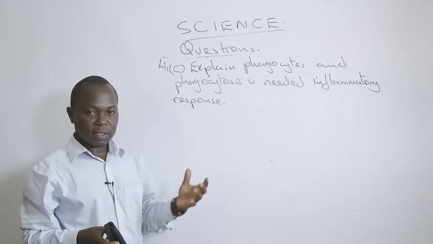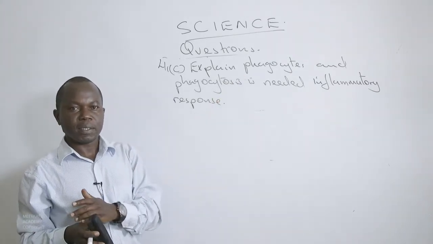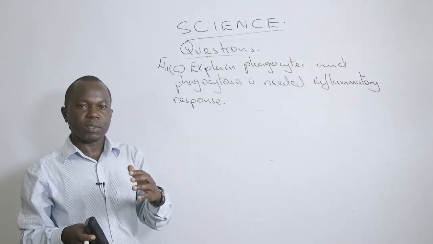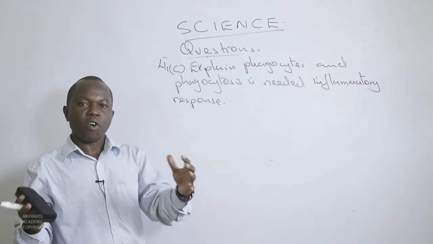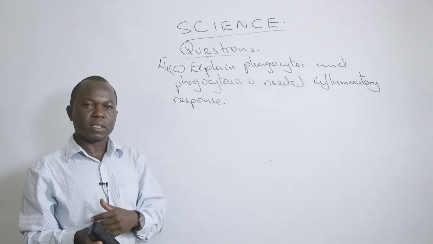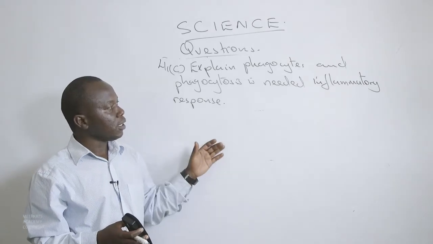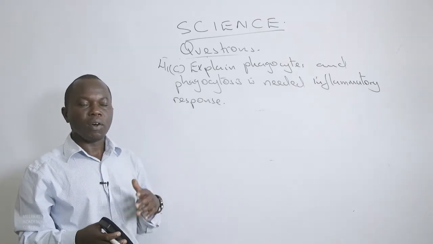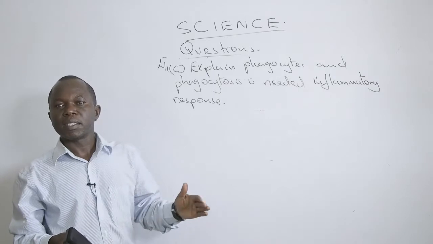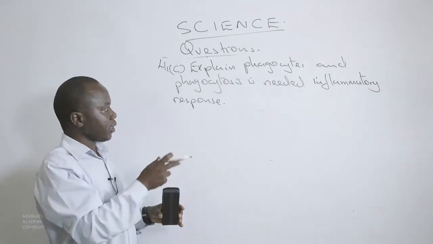But in this case, phagocytosis leads to formation of pus. Remember, formation of pus is due to presence of dead cells that were damaged, bacterial cells that invaded the tissues, and also the white blood cells themselves. If they die together, they form pus.